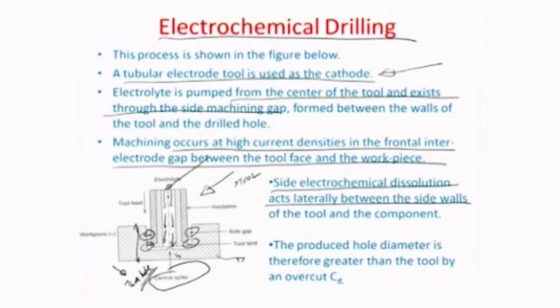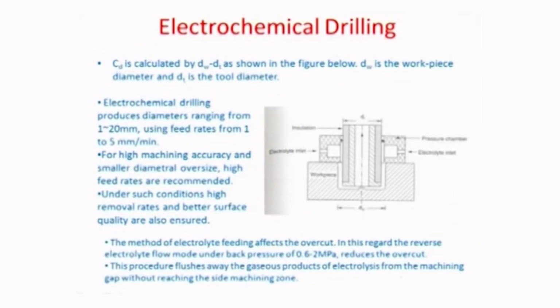And let us say if you want to produce a certain hole diameter, this overall machining diameter which comes out would be definitely more than the hole diameter you want. Okay. So if this is the machining diameter, the machining diameter which comes out is greater than the tool diameter in this particular case because of side machining. So the side machining gap, CD, is calculated in the following manner.